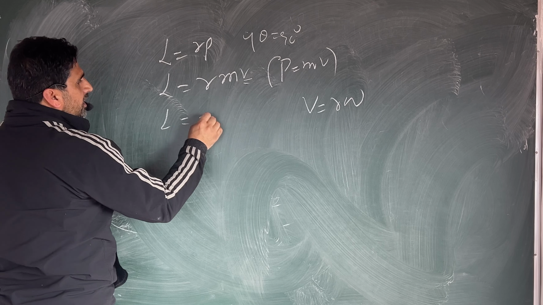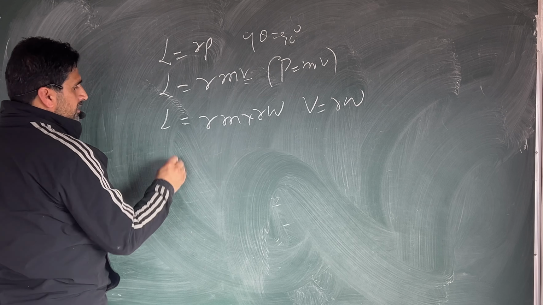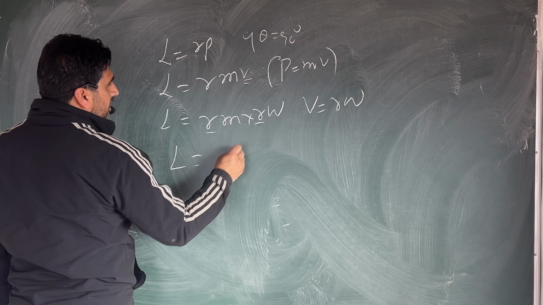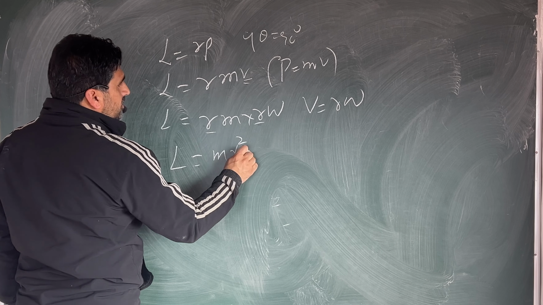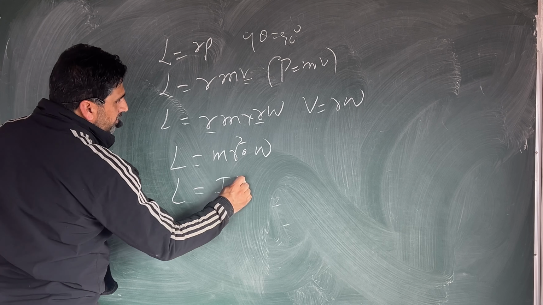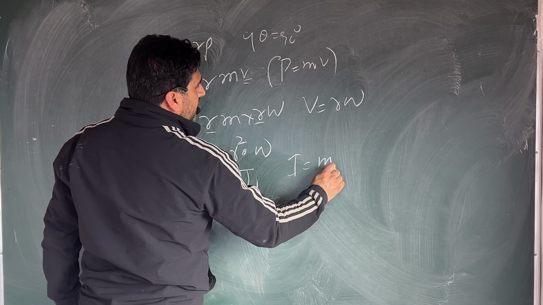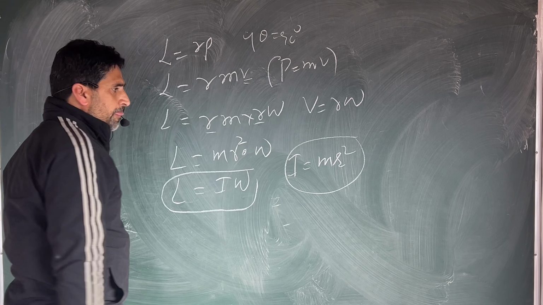So you can write R times M into R omega. So L becomes M R square into omega. So L is equal to I omega, while I is equal to M R square, the inertia.